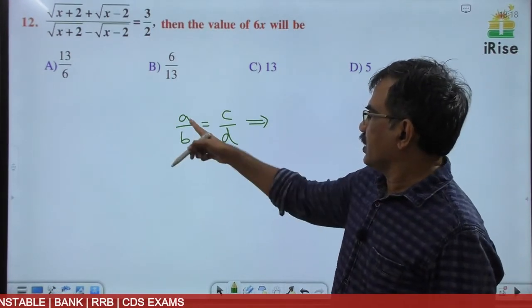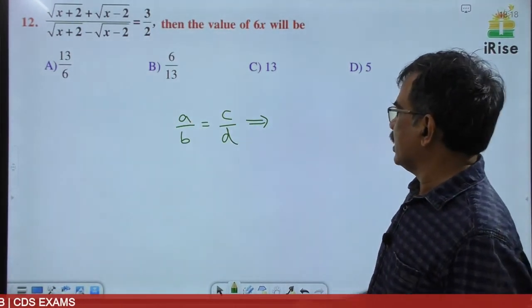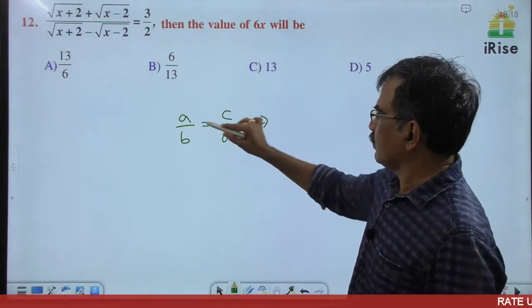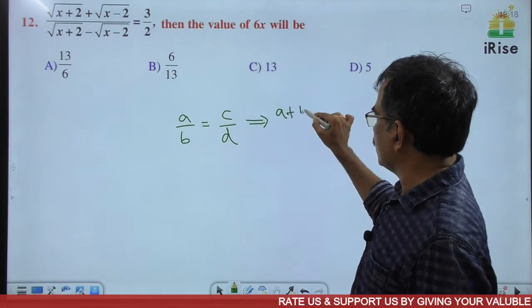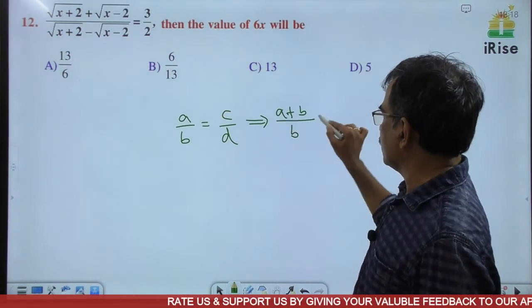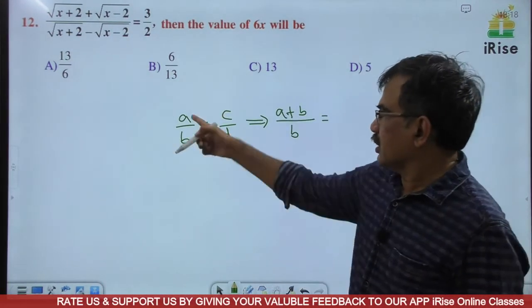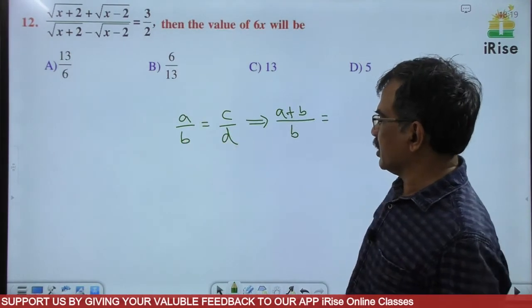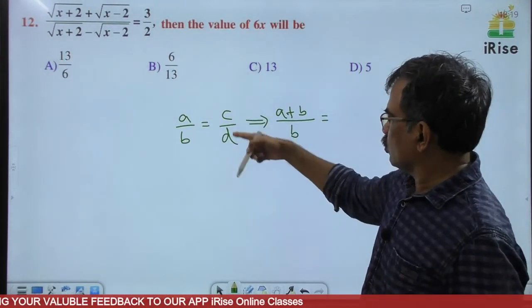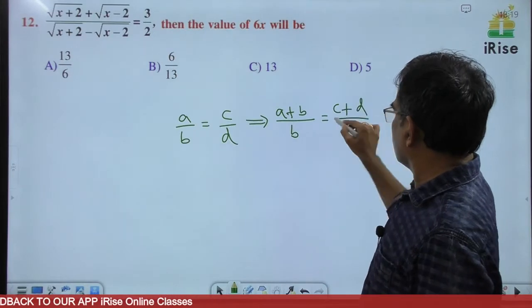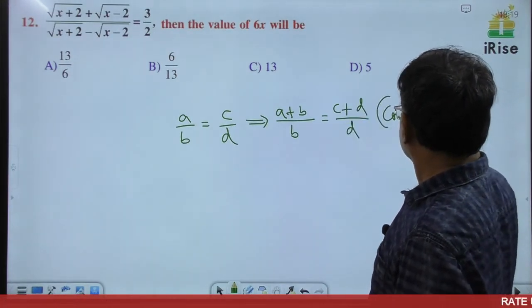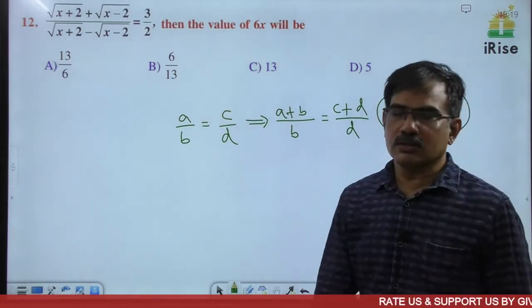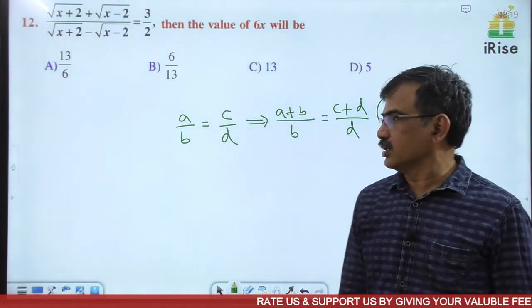If a by b is equal to c by d is given, then if you add numerator and denominator, (a plus b) by b is equal to (c plus d) by d. This is called the componendo rule.